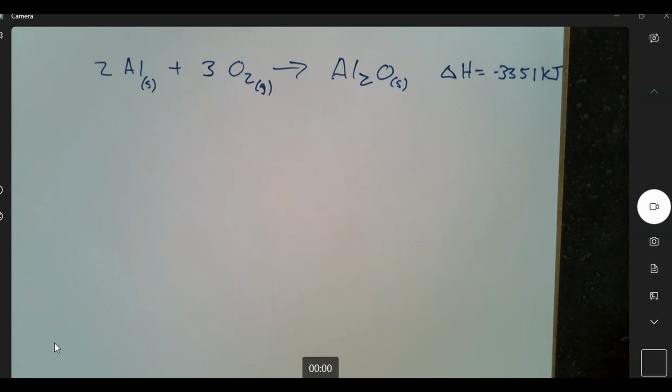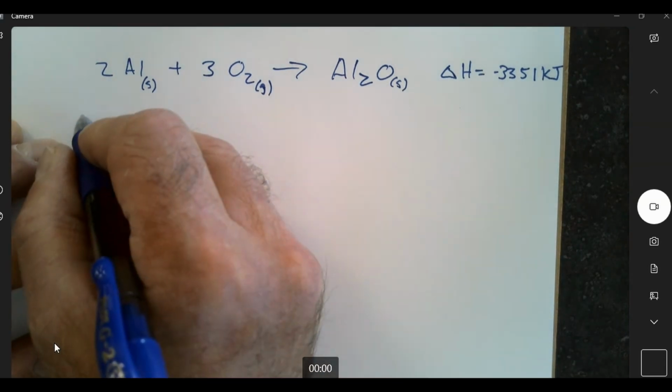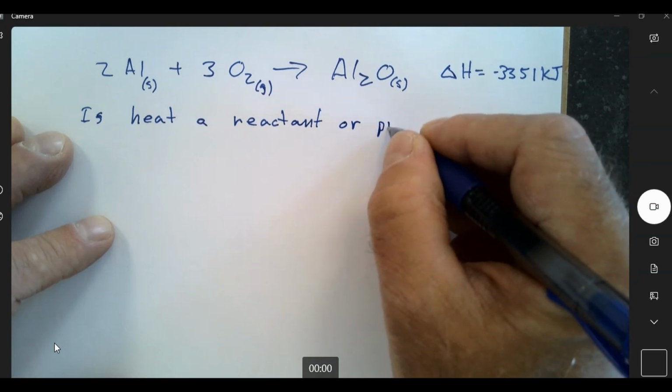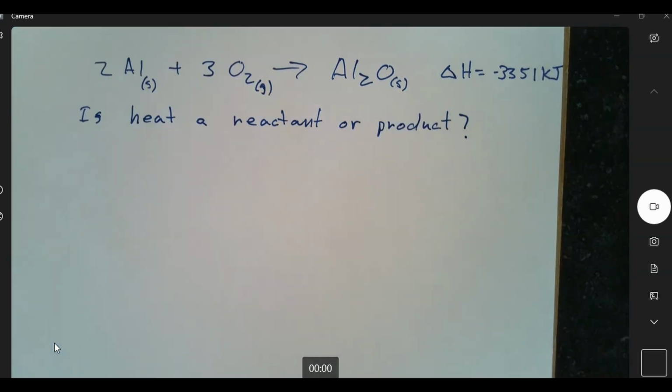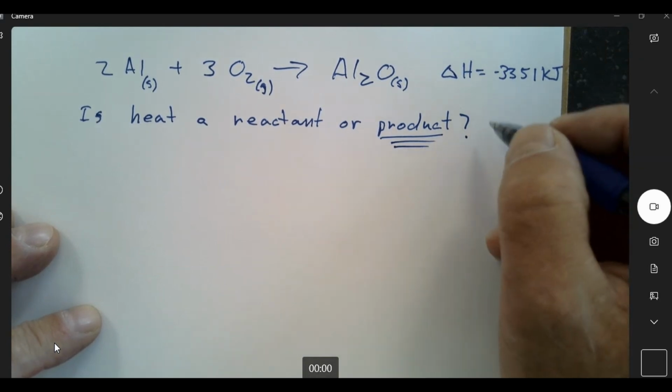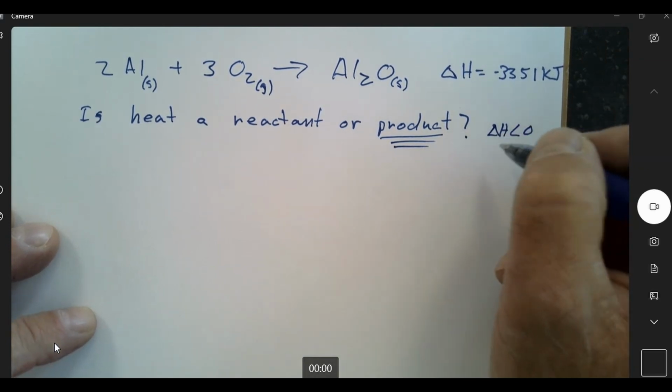Well, it's a chemical equation, but we have heat involved. So now I get to ask you some questions here. Is heat a reactant or is heat a product? We learned something about the signs of enthalpy yesterday. It is a product. Very good. We know that because our enthalpy is a negative value.